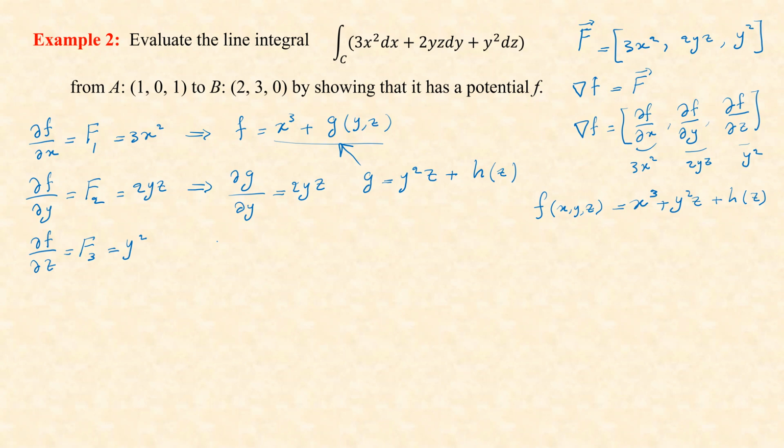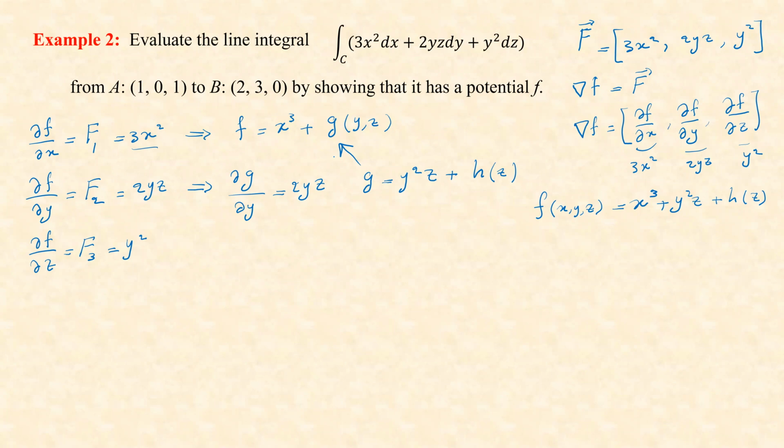Good question. But look, we said that if derivative with respect to x is 3x squared, then f becomes x cubed plus a constant as far as x is concerned, right? So that constant is constant with respect to x. So it can be, in general, a function of y and z.